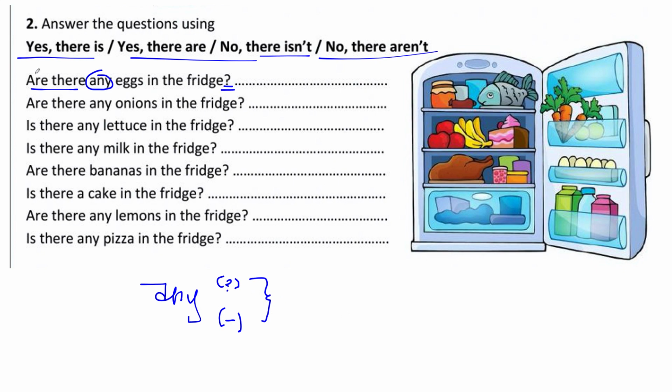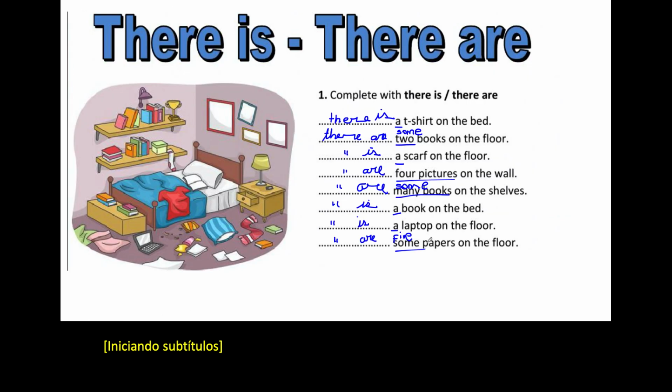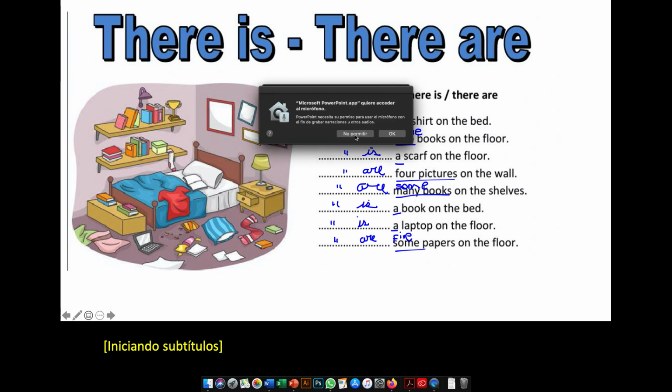Okay, so are there any eggs in the fridge? Any eggs? Yes. So we copy, here we copy. Oh no, sorry, what happened? What did I do?